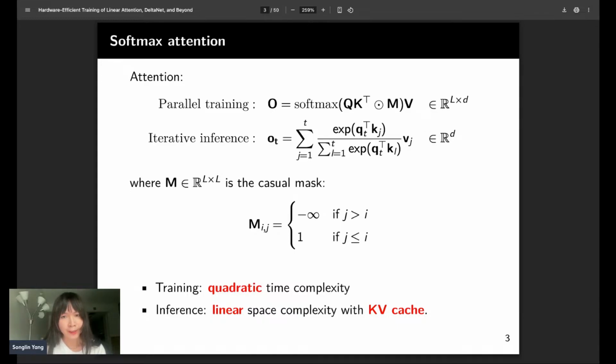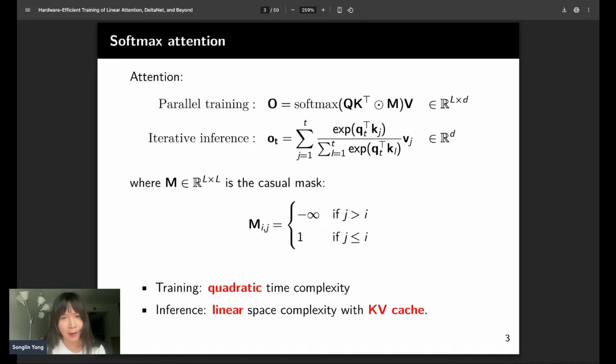For parallel training, we have three matrices, Q, K, V, of size L by D. L is the sequence length, and D is the head dimension. We only discuss a single head here. And M is the causal mask.